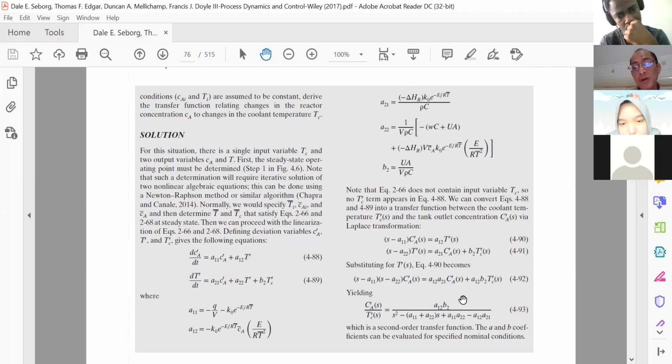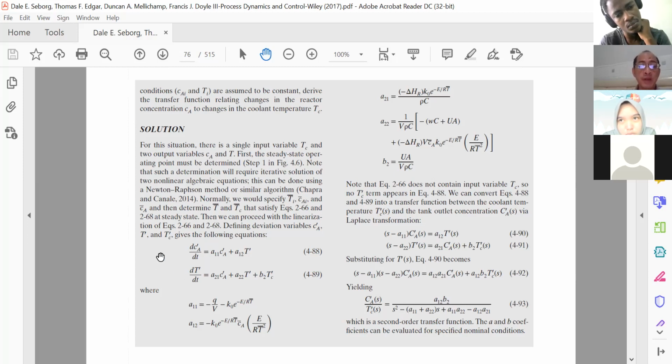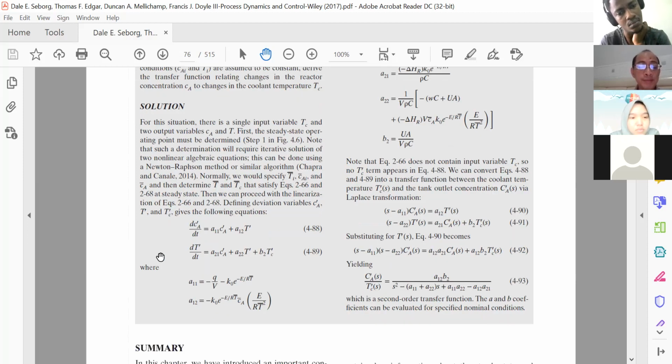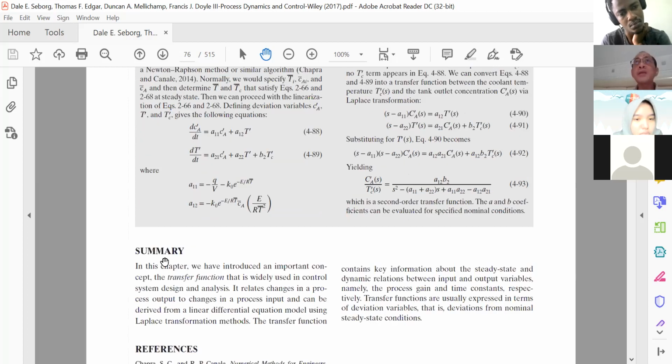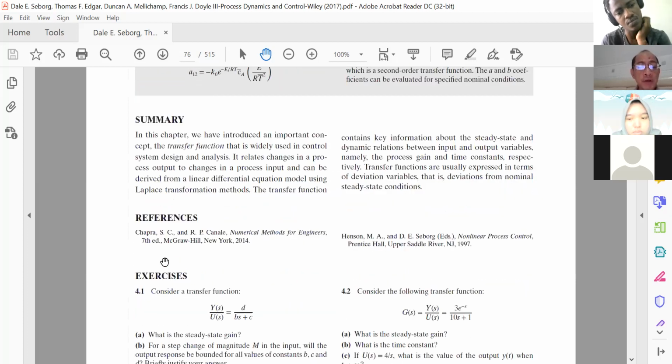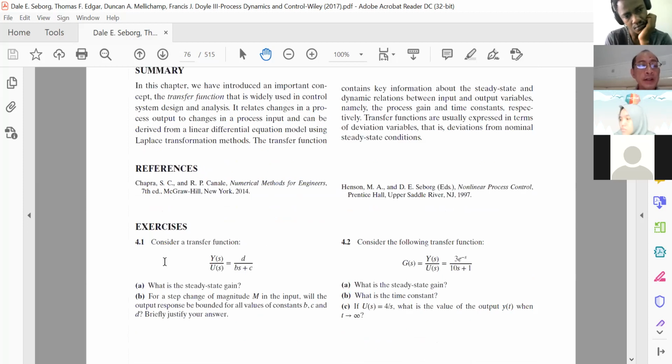So be careful when you try to find the model for a physical system: the power of the polynomial in the numerator has to be less than or equal to the power of S in the denominator. Okay, understand? All right, so that's finished for chapter 4.